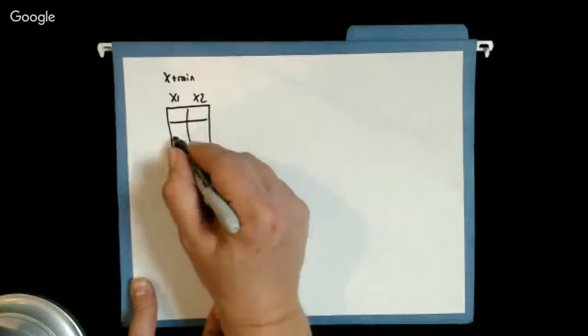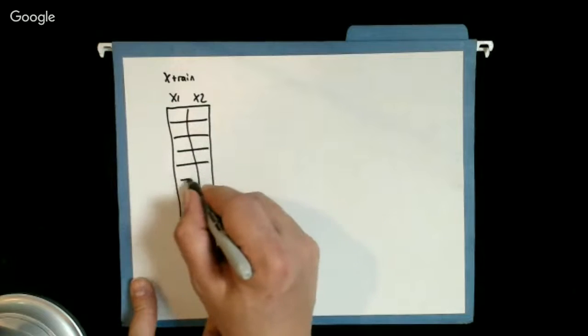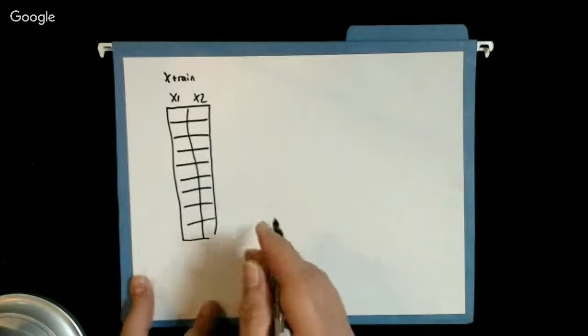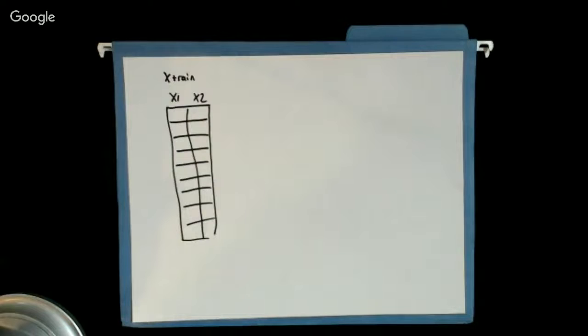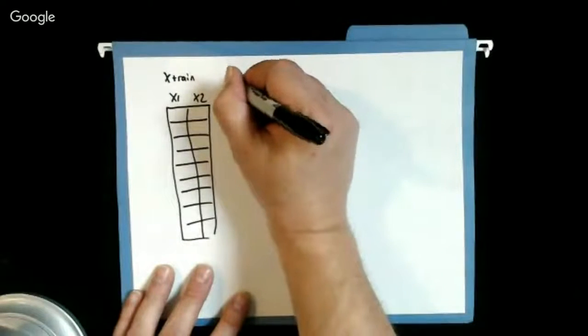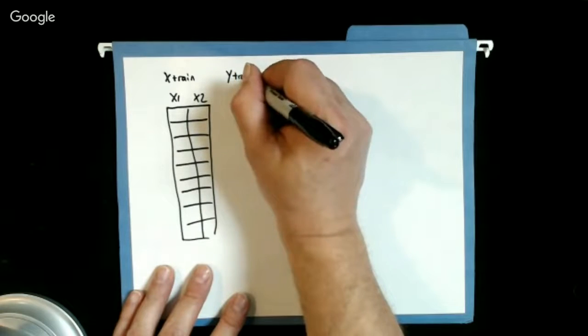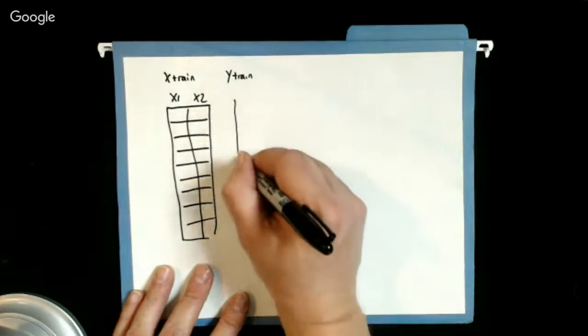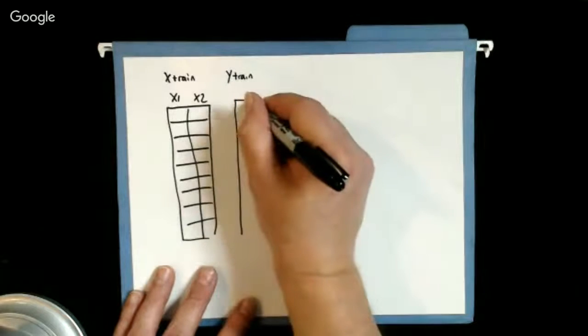And each row here represents one sample. Now, of course, we have to have Y values that go along with that. So that's Y train. And that's just a single dimension, as we mentioned.